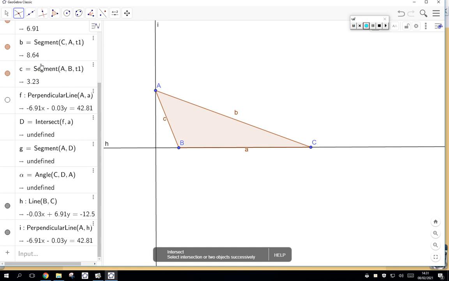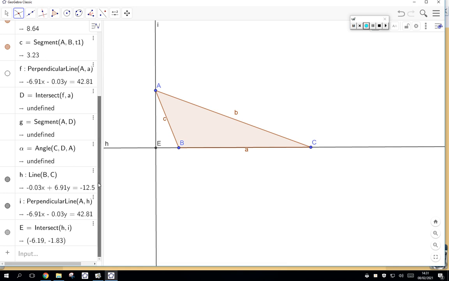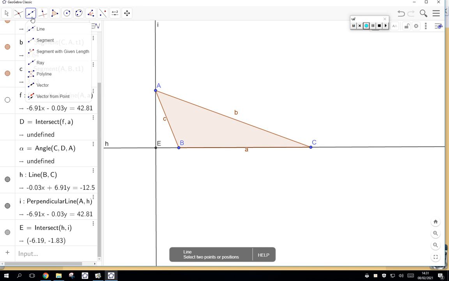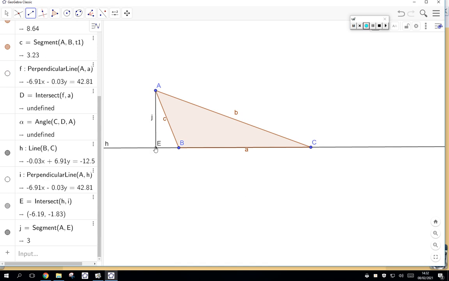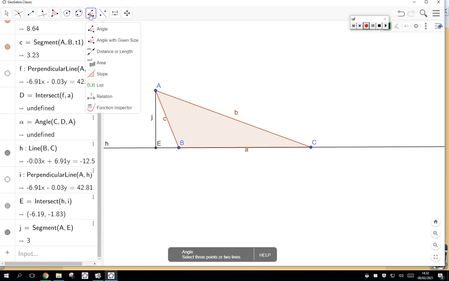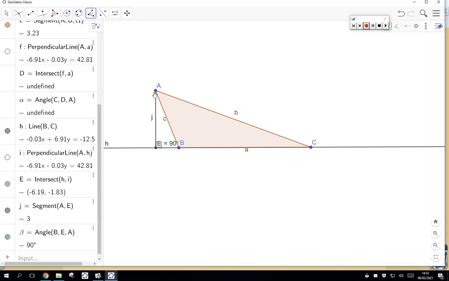I'm going to choose my intersection point. I'm going to hide that last line, and I'm going to draw in a line segment. Hide that last line, draw a line segment here, and you will see again that that's going to be a 90-degree angle in there. That is an altitude.